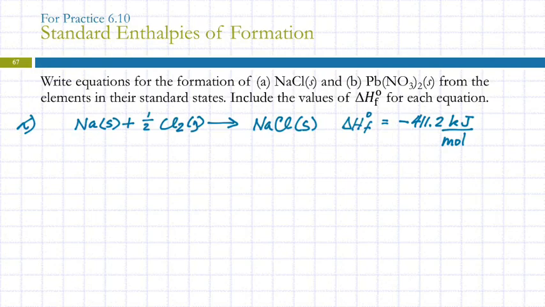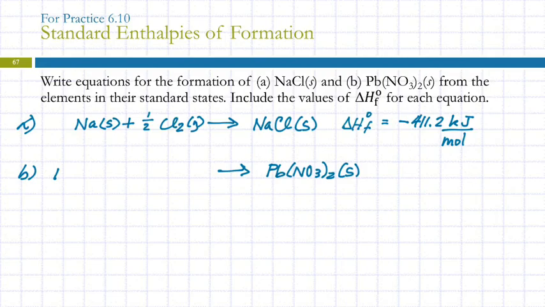Let's do the second one. So here we've got lead 2 nitrate as our product. How many elements are in that? There's 3, right? Lead and nitrogen and oxygen.